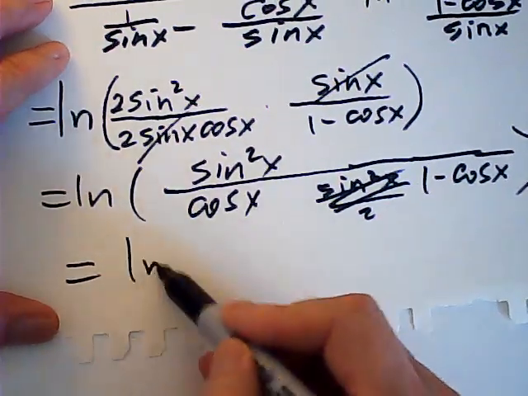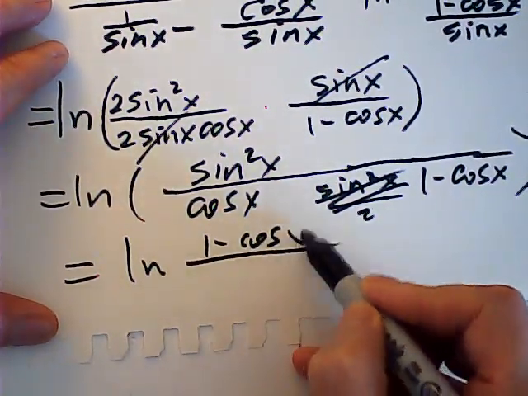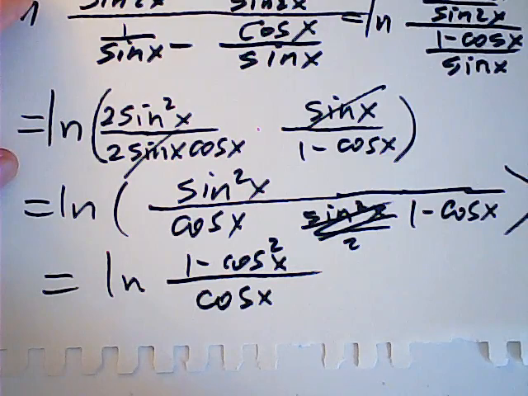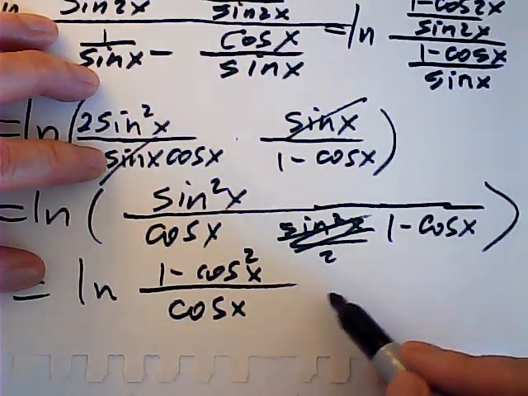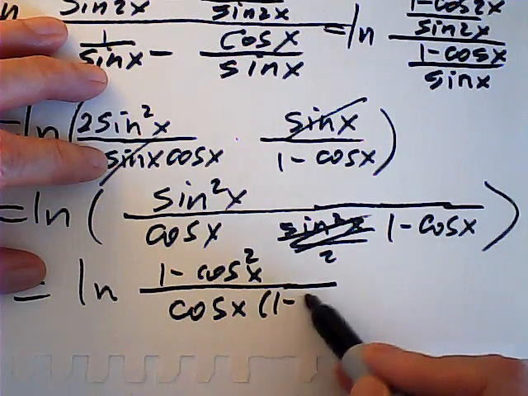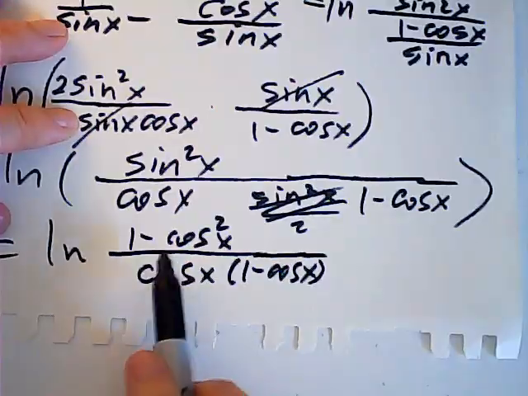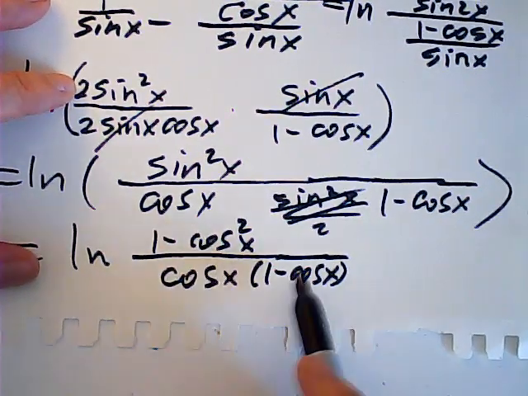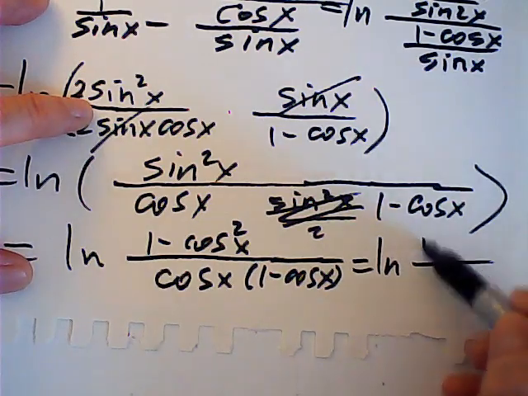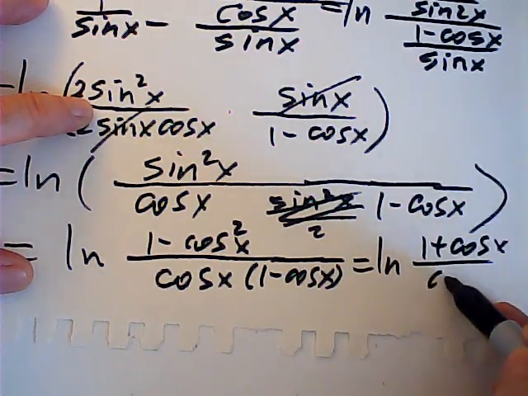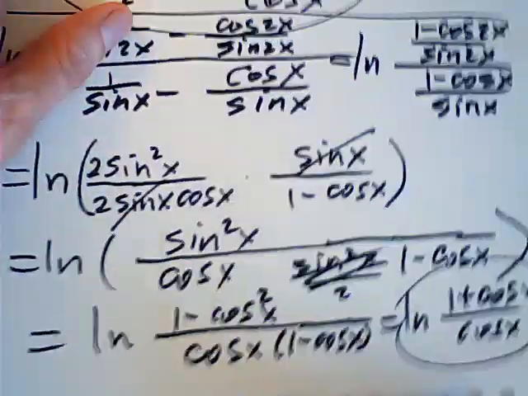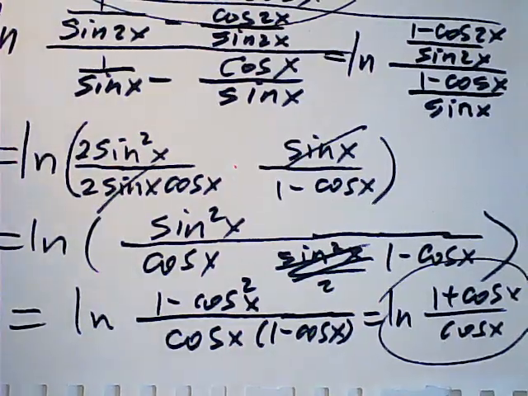Then sine square is 1 minus cosine square. Over 1 minus cosine x. Now this is 1 plus cosine, 1 minus cosine. Cancel with this one, so this is equal to natural log of 1 plus cosine x over cosine x. So that is the same as this one. So eventually they are the same.